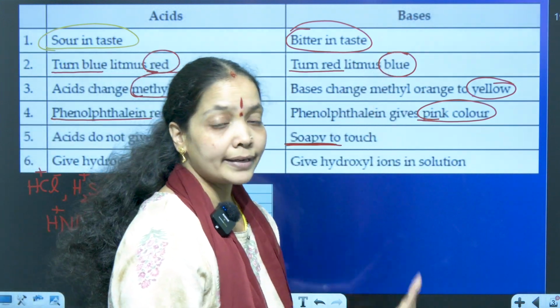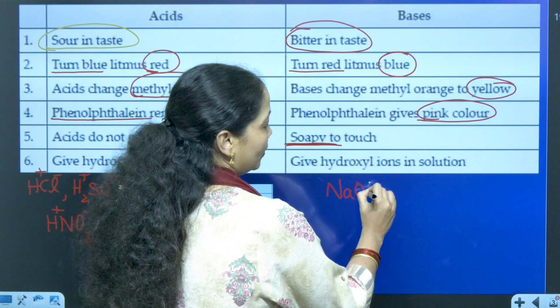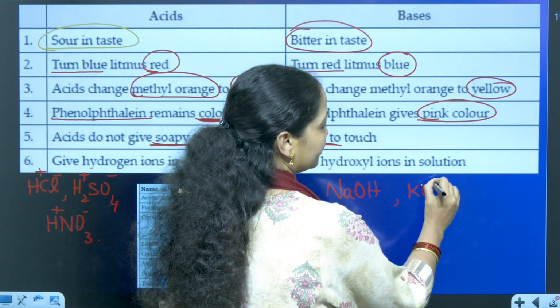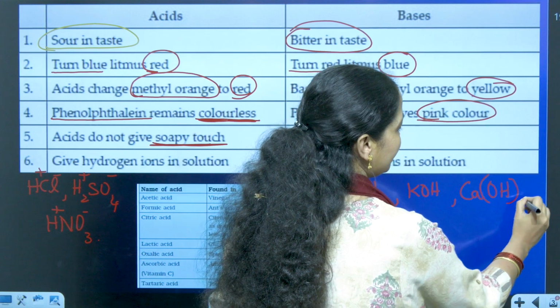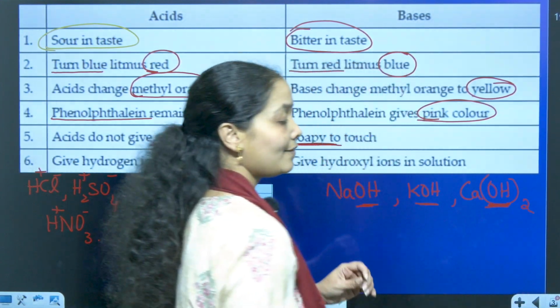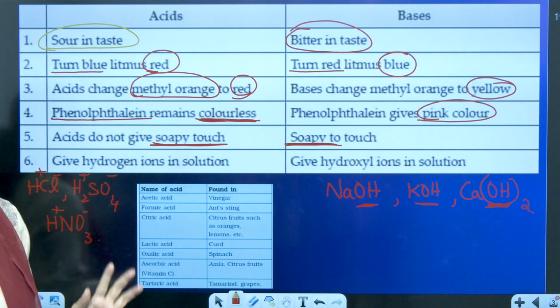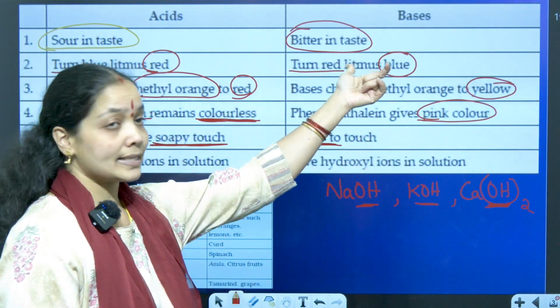Whereas if I have to identify a base, the common bases known to me are NaOH, KOH, Ca(OH)2. So in these, the most common thing is hydroxide, OH. If I have OH- ions present in my given solution, then I call it a base.